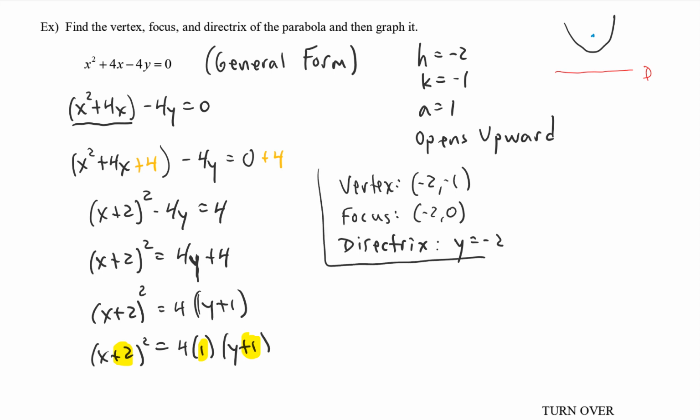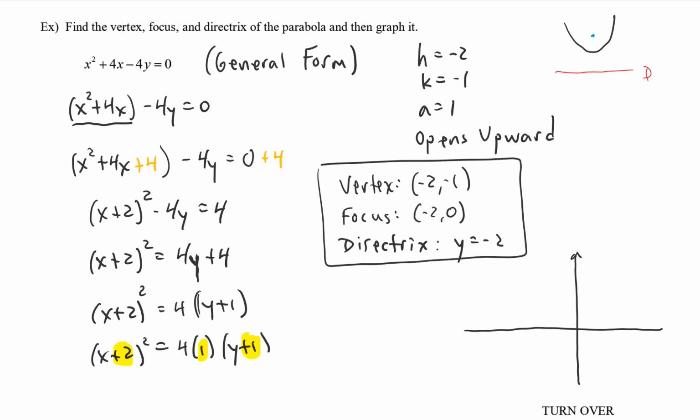Then we're going to graph this thing. So let's graph this thing real quick. Try to get it graphed down here. So y equals -2 is my directrix.